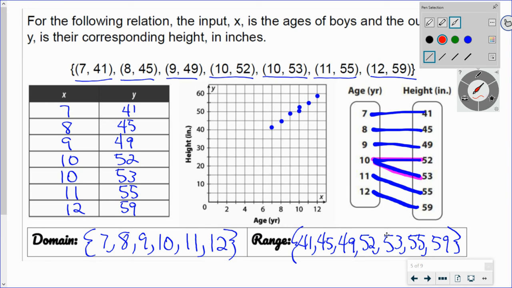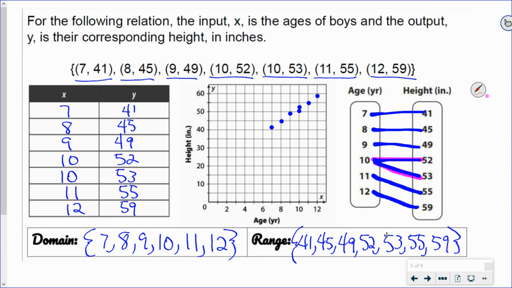So what do you think? A minute ago we defined a function as a unique mapping there, right?